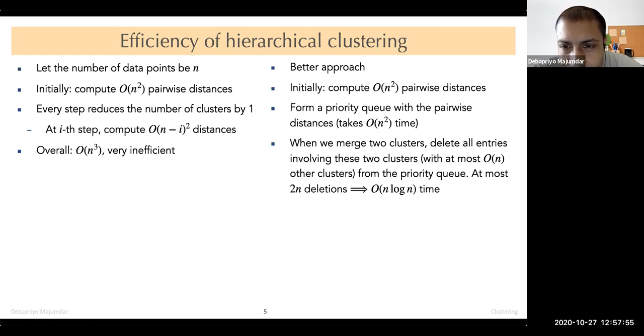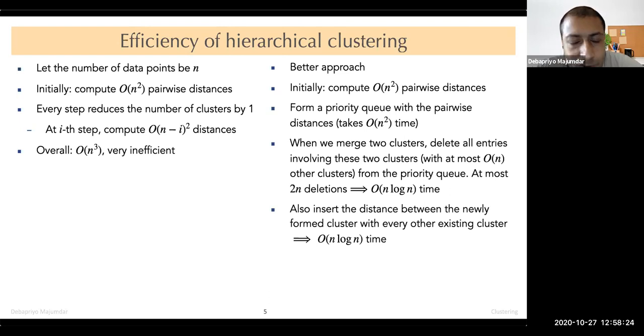Those distances have to be deleted from our priority queue because these clusters do not exist anymore individually. So there will be at most 2n deletions, and each deletion is order log n from the priority queue. So we are deleting obsolete distances, the distances which are no more valid. That will take order n log n time.